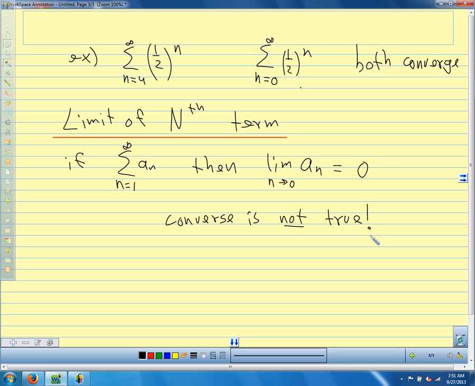But the contrapositive, talking in logic terms now, contrapositive is true.